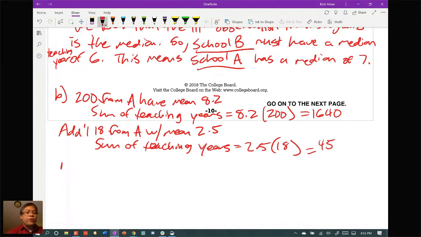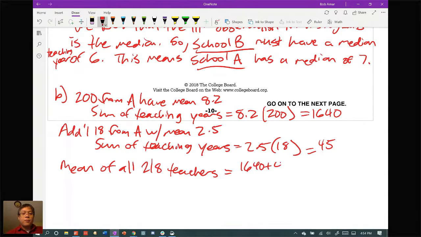So the mean of all 218 must be the sum of the sums divided by how many there are, knowing now how many there are. And you would expect it to bring the mean down, but with only 18 teachers, it's a question of whether that effect is going to be super great. It brings it down a little, about half a year.